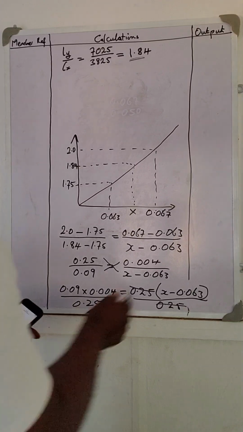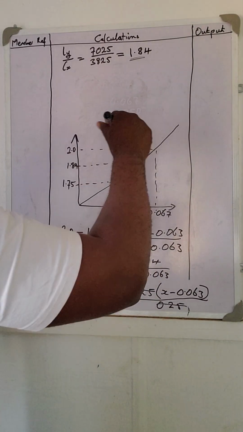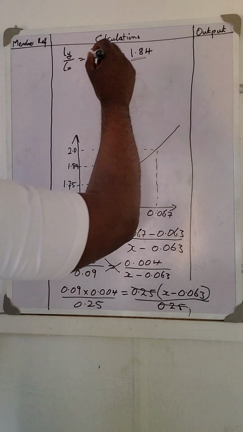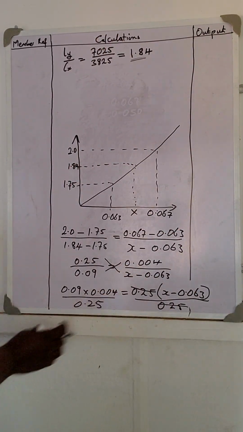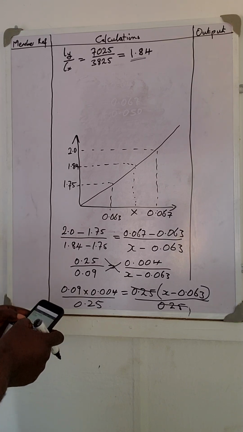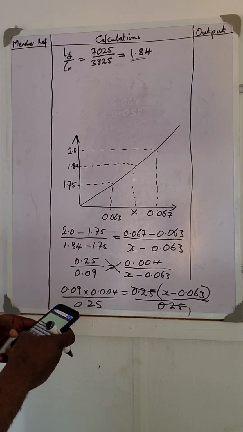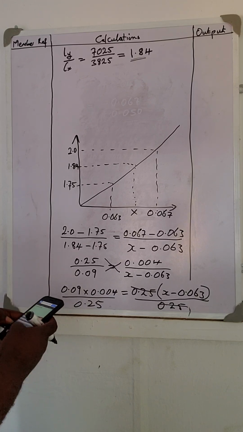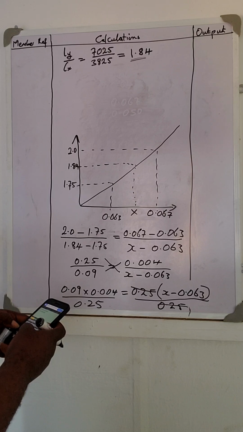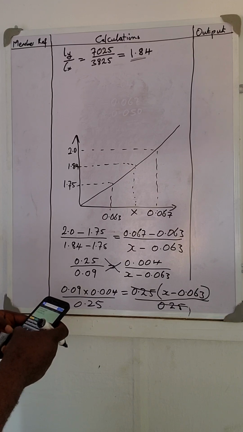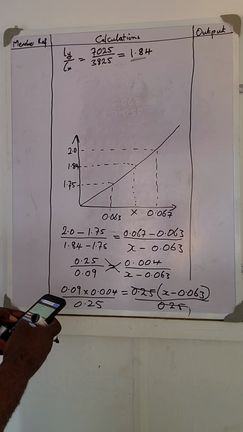Let me rewrite the value for positive coefficient. Let me solve this one first. So I'm going to have 0.09 multiplied by 0.004, divided by 0.25.